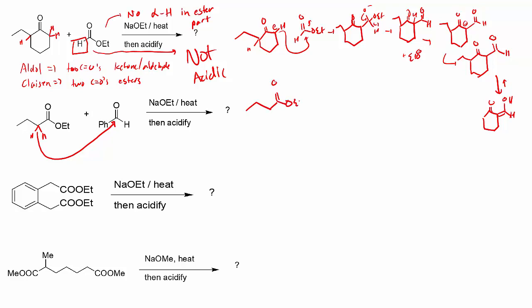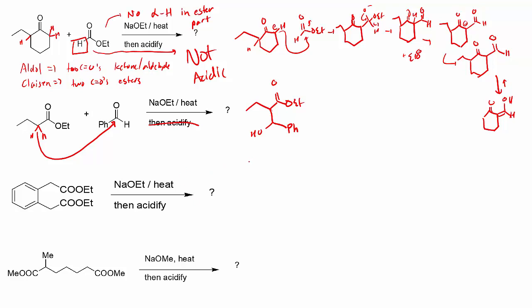All right, so this would be our initial product right here. I don't think we're actually going to need to acidify here. That's probably a mistake saying that we would have to do that. All right, so this is probably what we're going to get right here.